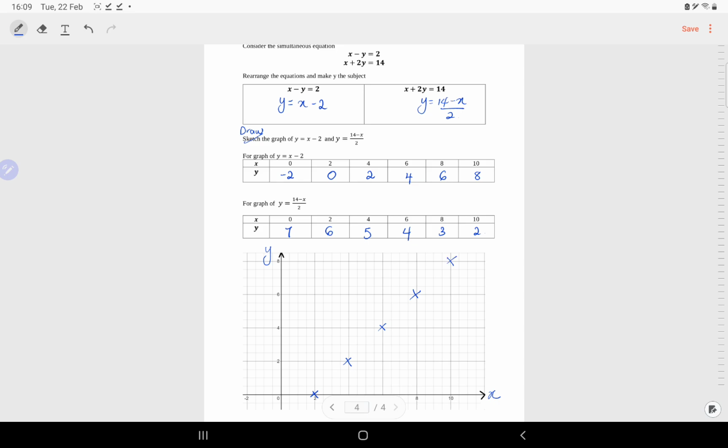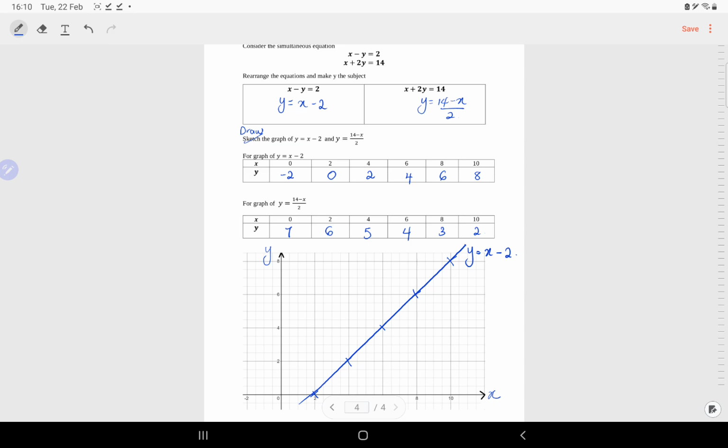Oops. It's a straight line because we know that it is a linear equation. When you draw, make sure you use your ruler. I'm using freehand. Right, so that is the graph for y equals x minus 2, and very important here, we label the line.